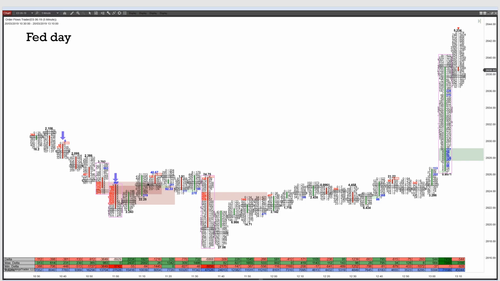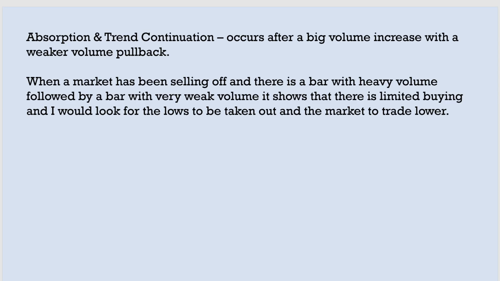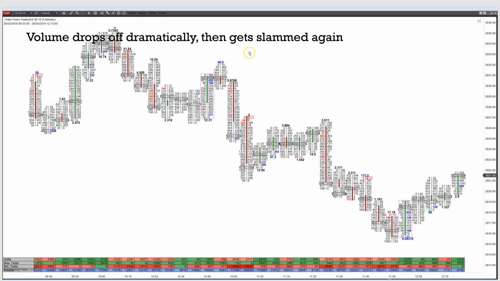So, back to absorption and continuation. After a big increase with a weaker volume pullback, you're going to see some absorption and continuation. Okay, now what do I mean? What it looks like on the chart: you're selling off, market rallies back up, gets slammed again.